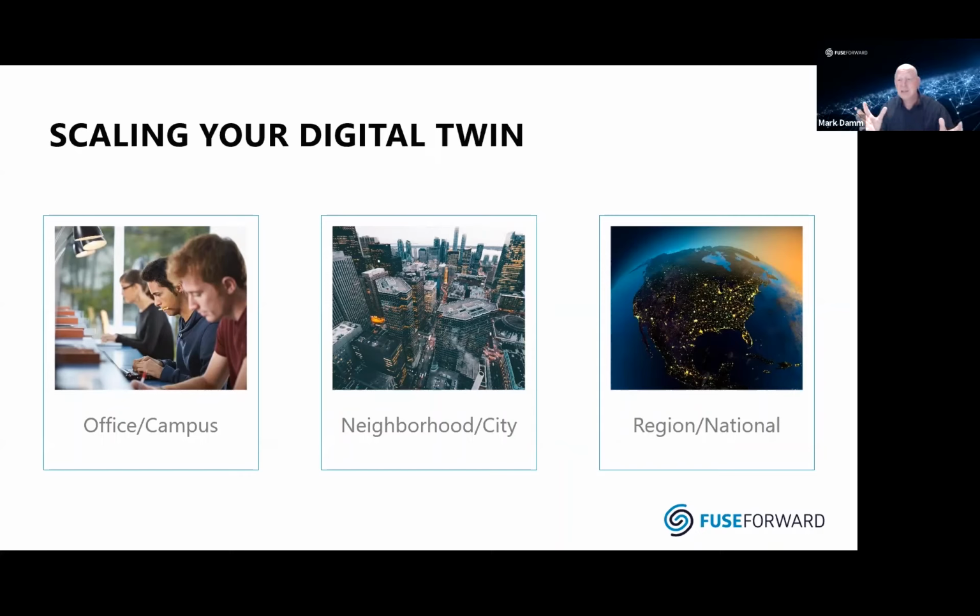So for the last 15, 20 years, people have been talking about smart cities. I mean, I go back to 2000, 2001. What is a smart city? And we've always talked about transportation patterns on that.